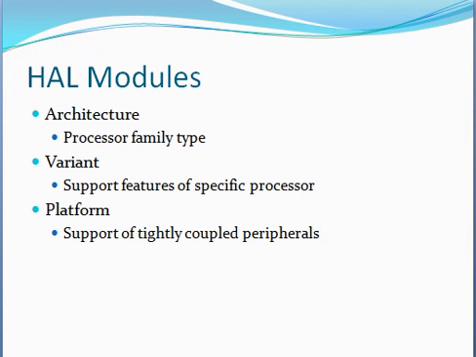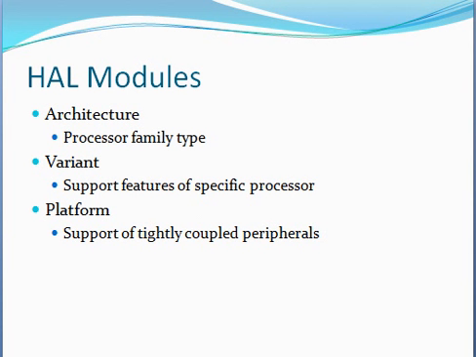These are the modules of the hardware abstraction layer: architecture, variant, and platform. Firstly, architecture defines the processor family type.